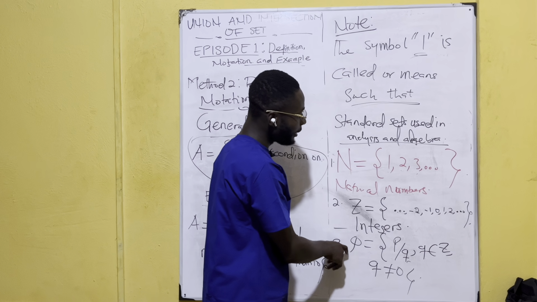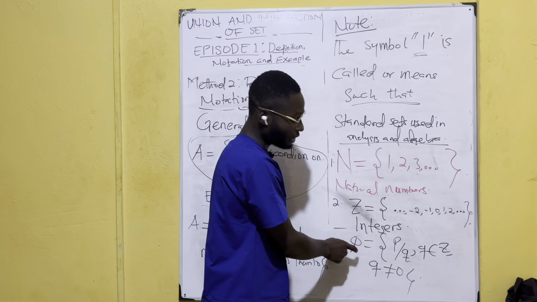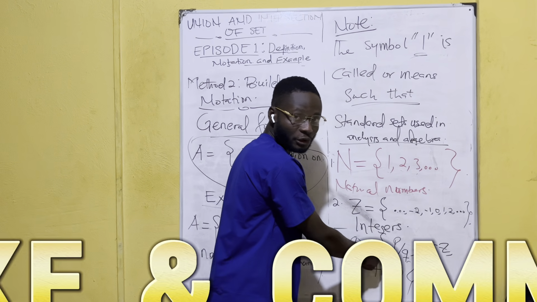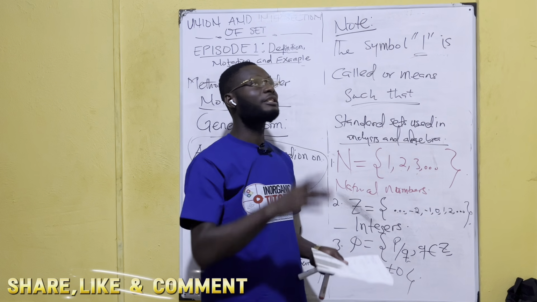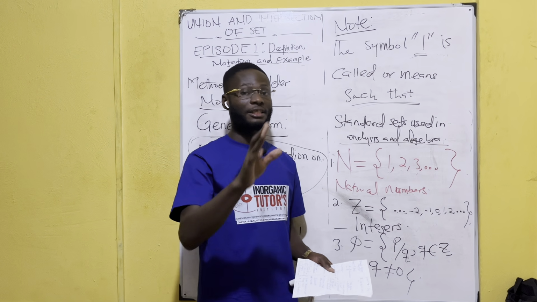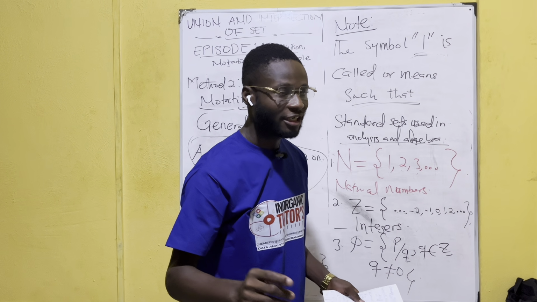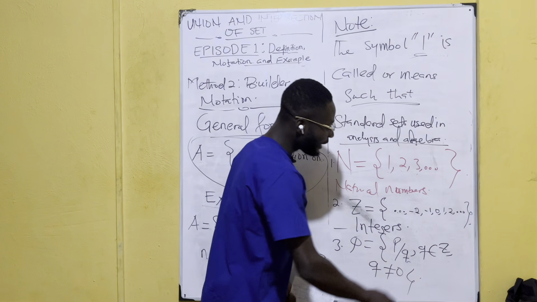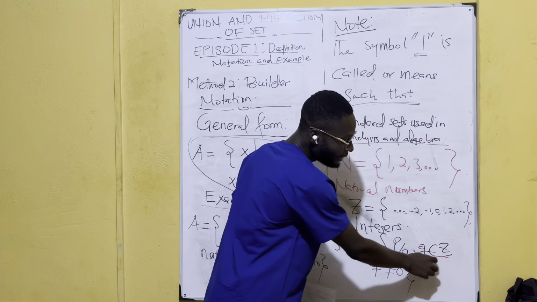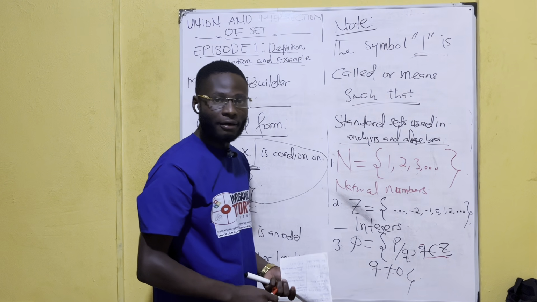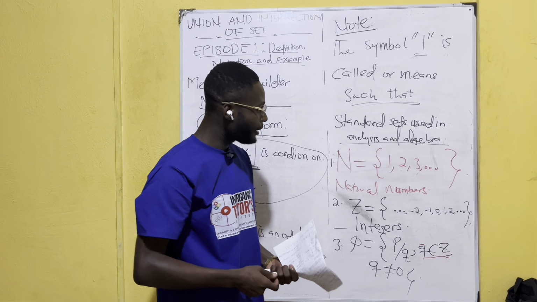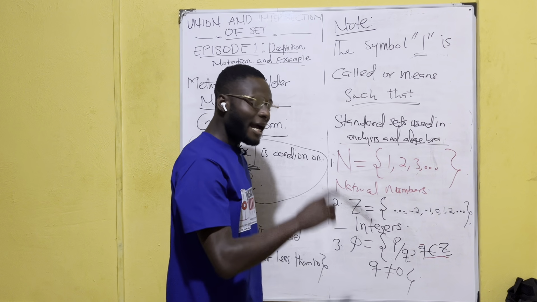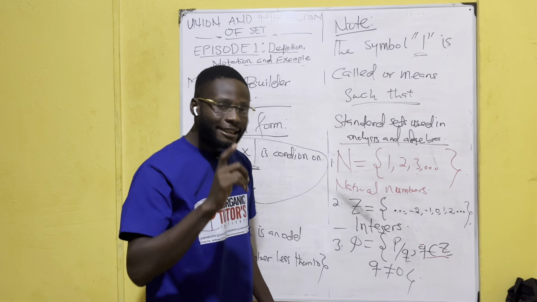And the symbol is Q. So p over q is a rational number. If you see a fraction, it's called a rational number. Put it in your mind. And q belongs to Z, q is an integer. And take note, q is never 0.